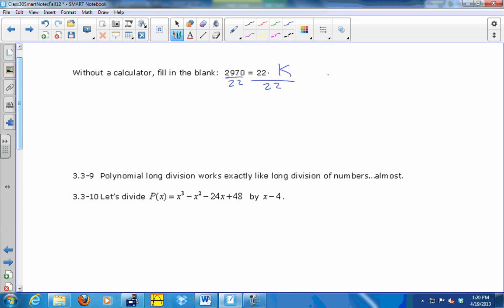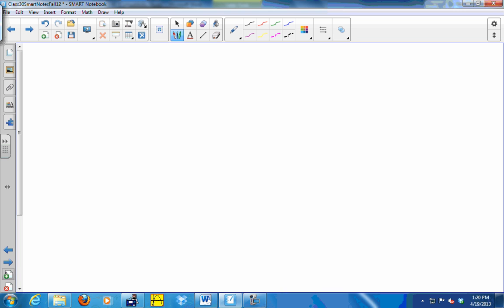To do that division without a calculator, I think that's why you were thinking prime factorization. But I'm going to use the standard long division algorithm. Maybe I'll do it on the next page so I have plenty of room. 2,970 divided by 22. The reason I'm forcing you to do long division is because that's how we're going to divide polynomials. Your calculator can't do polynomial division like it can with numbers, so we have to remember how this works.